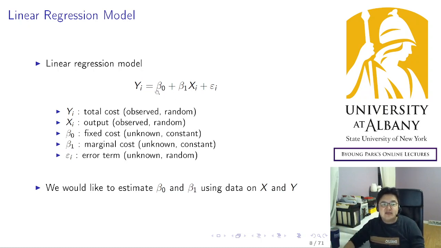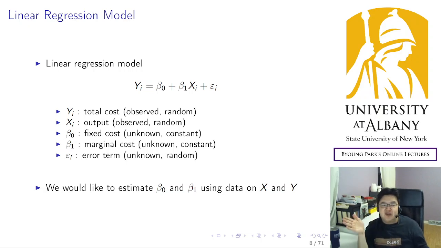Now you have to tell what is constant and what is random. The total cost and output are random because every month they may be different. Also the error, epsilon, is random because the error can be different in different months, right? However, the fixed cost and marginal cost are constant. Even if they are unknown, we assume that there is one fixed true value, which is consistent with the idea of a parameter. When we define a parameter in the estimation chapter, we assume that it should be constant, because it is the target of estimation, so it should be fixed.